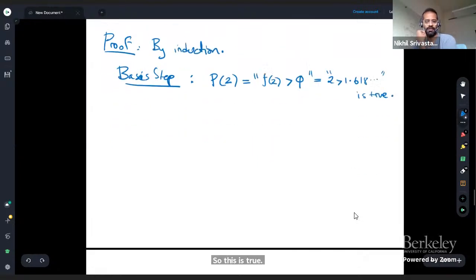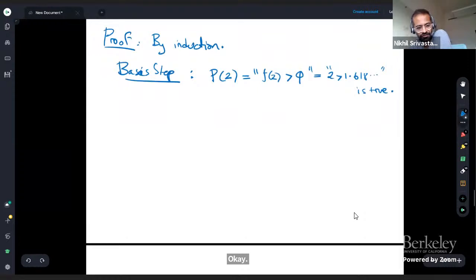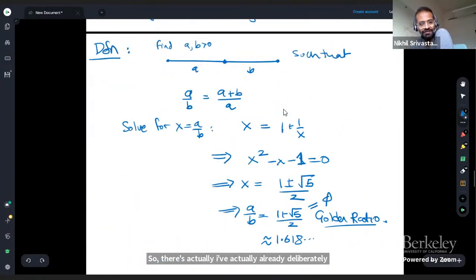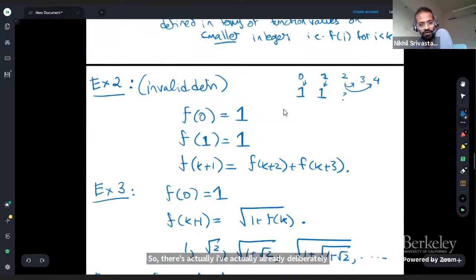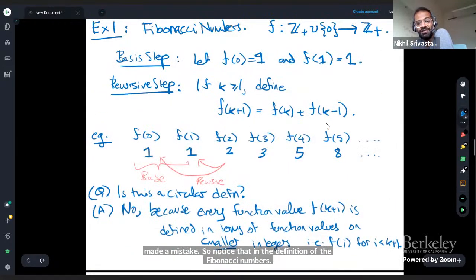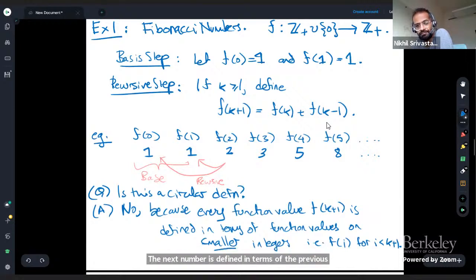Okay. And now let's start doing the inductive step. So there's actually, I've actually already deliberately made a mistake. So notice that in the definition of the Fibonacci numbers, the next number is defined in terms of the previous 2 numbers.